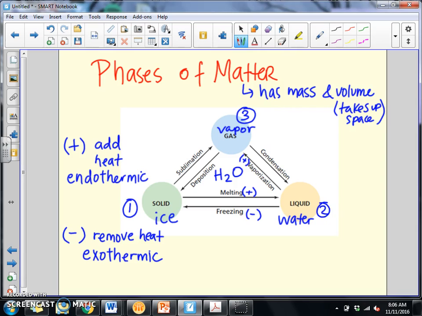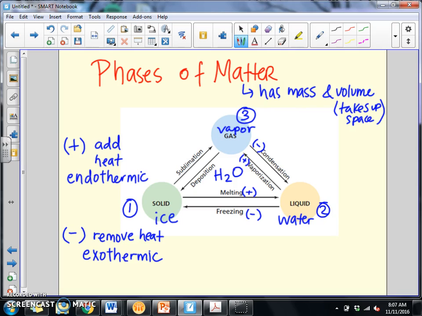And the reverse, condensation, when the water vapor in the air is cooling down, you might have seen condensation on the outside of your glass at a restaurant when you have a really cold glass. That is exothermic. The heat is leaving the water vapor, okay, so that it becomes a liquid.